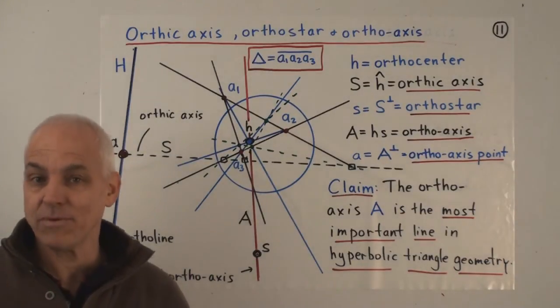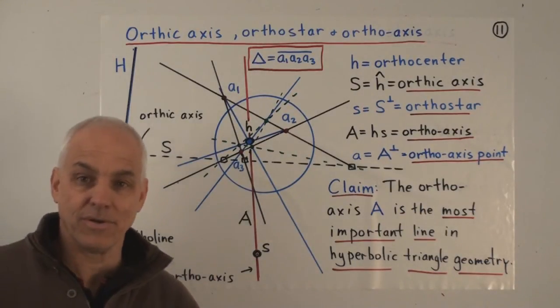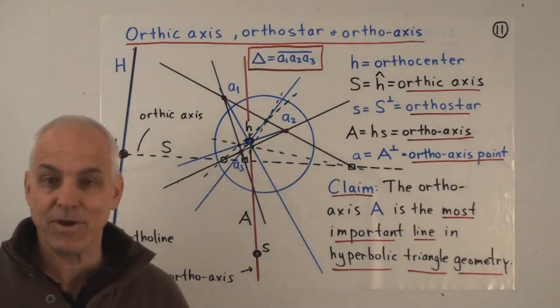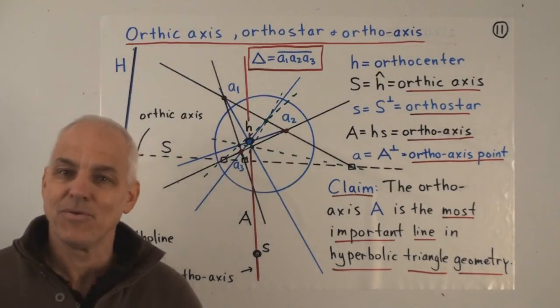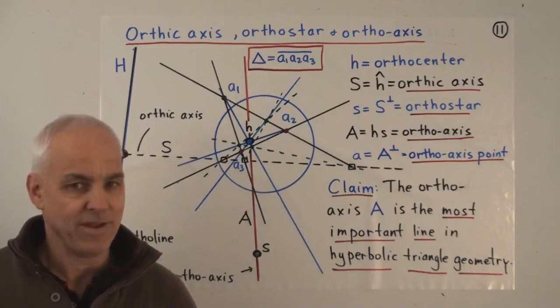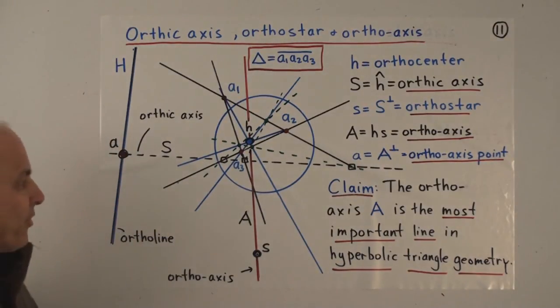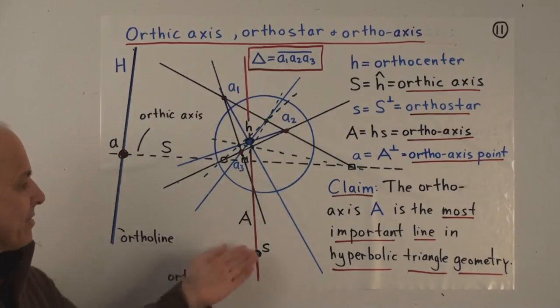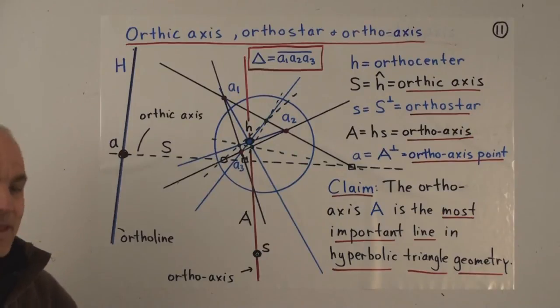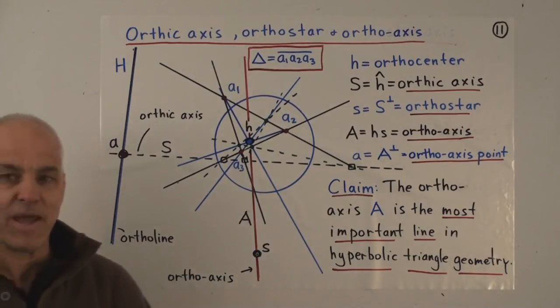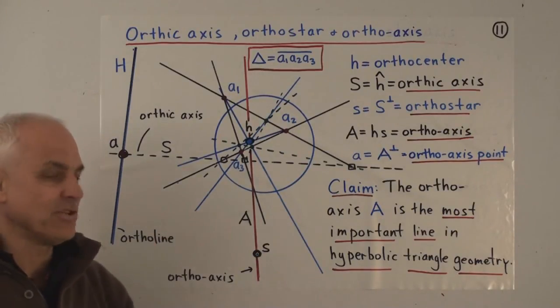Of course, if you have Geometer's Sketchpad or Circle and Ruler or Cinderella or Cabri, you can do it just with a few clicks of the mouse. It's an excellent exercise. So construct some orthocenters, some orthoaxes, some orthostars. Have a look what they look like. Here are some examples in Geometer's Sketchpad showing these various constructions.